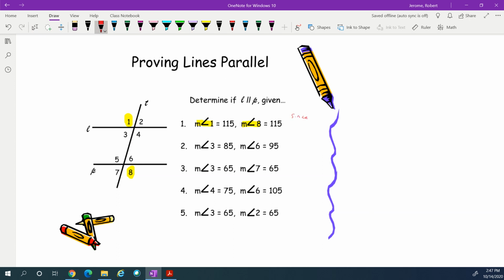So we can say, since the alternate exterior angles are congruent, then L is parallel to P. So we want to confirm that the angles are what we expect. And then we can say that the lines are parallel. And we're just going to do a few examples. We want to understand that rationale.